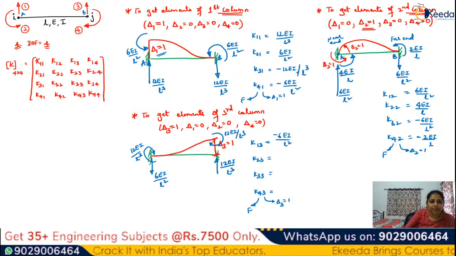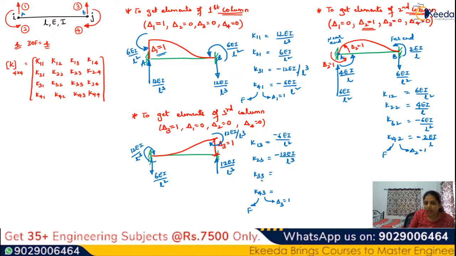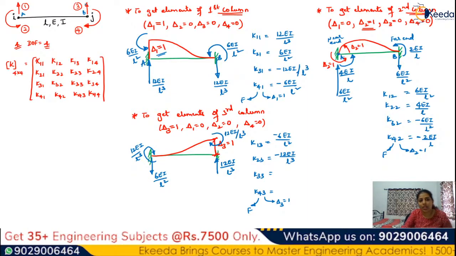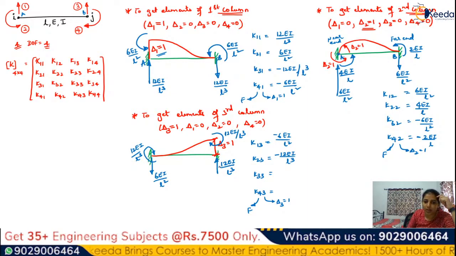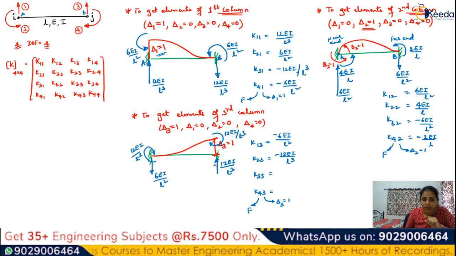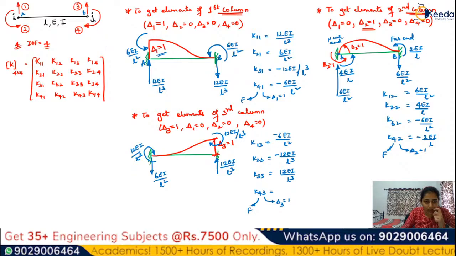Coming to 2, 3, the second coordinate is an anticlockwise movement at A, but here we have a clockwise movement, so again it will be minus 12EI by L cube. Coming to the third coordinate, a vertically upward reaction at B. Here we again have vertically upward, so both are upwards, so that will be 12EI by L cube. And the last one is the clockwise movement at B, the fourth coordinate. Here also we have a clockwise movement.